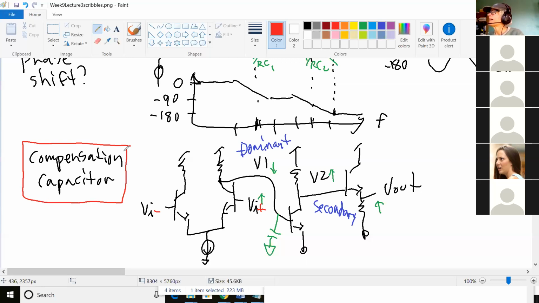There was that random capacitor in there. That's what it was doing. It was moving the dominant pole left so the op amp would be stable when you hooked it up with feedback. Again, a comparator symbol and an op amp symbol look exactly the same on paper. But the difference inside is the comparator probably doesn't have a compensation capacitor because it's not made to hook up with feedback. You know, I have a question.